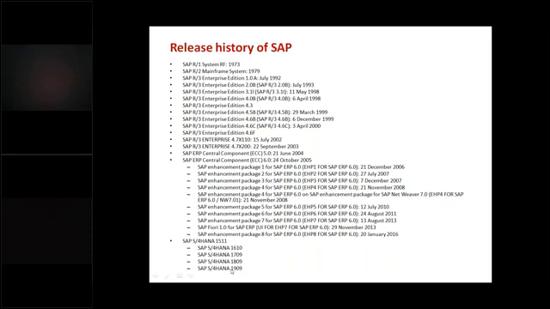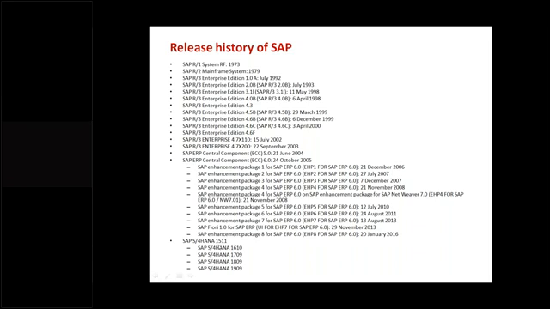You might have seen different module-wise versions, but that doesn't matter. This is just to identify which version it is. Whatever number you see after S4 HANA, like 1511, 15 represents the year of launch, 2015, and 11 indicates the month, November. So this is the release history of SAP.